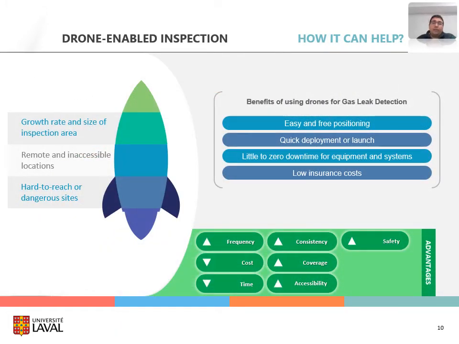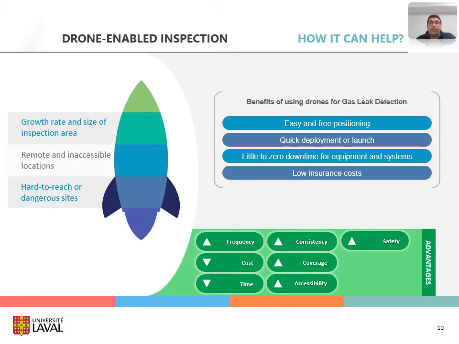There are other benefits of using drones for gas leak detection, like easy and free positioning, quick deployment or launch, limited to zero downtime for equipment and systems, and low insurance costs. Generally speaking, drones are very useful when the size of the inspection area is very large, in case of remote and inaccessible locations, and for inspection of hard to reach or dangerous sites.